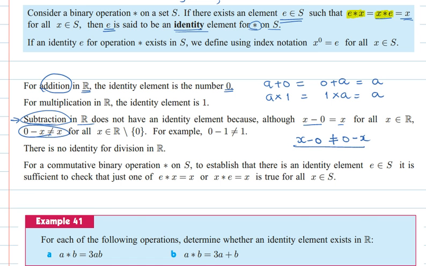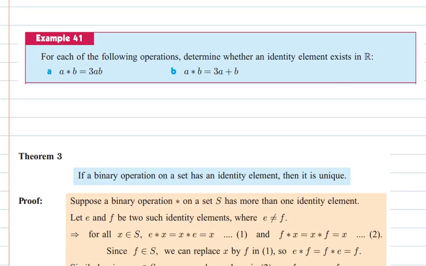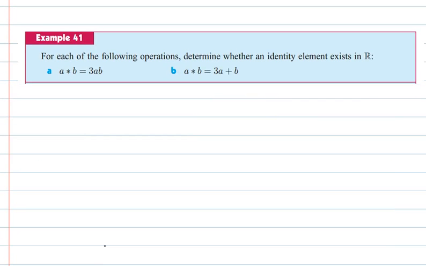of real numbers. A more practical example is example 41 from your notes. If I try to do example 41a, we define the operation A operation B as 3ab, where this is the operation star on the set of real numbers.